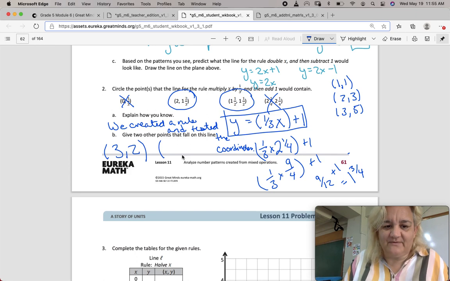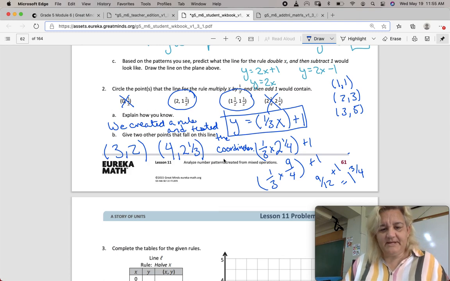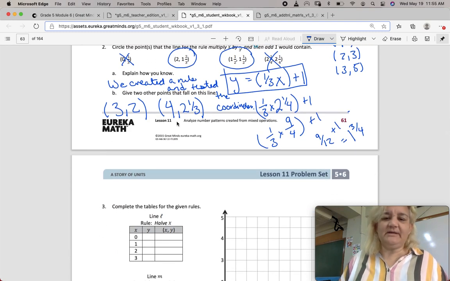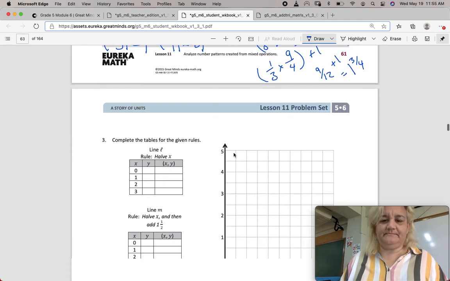Let's try if x were 4. 4 times 1/3 would be 4/3, so that's 1 and 1/3. Plus 1 would be 2 and 1/3. And those would all be on the same line. Okay, so once we create a rule, we just plug numbers into it, and that'll give you the y coordinate.